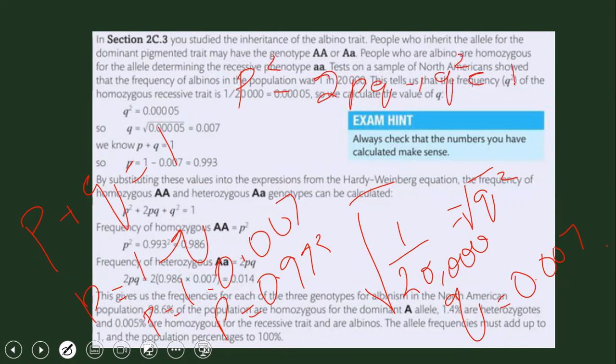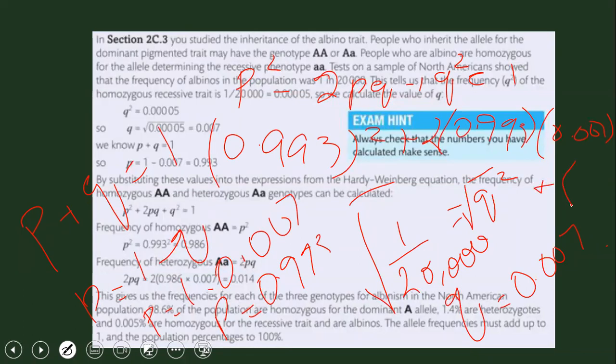You are going to start with p squared, 0.993 squared, plus 2 times 0.993 times q, 0.007, plus q squared. q squared was 0.007 squared. You will see whether the answer comes up to 1 or not.